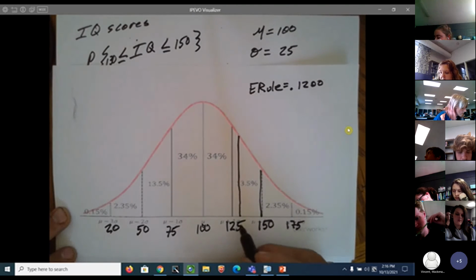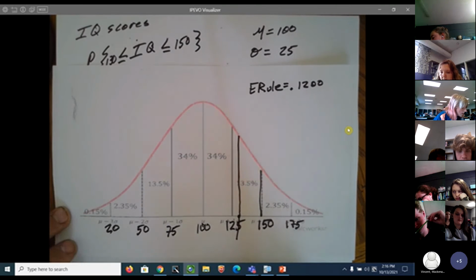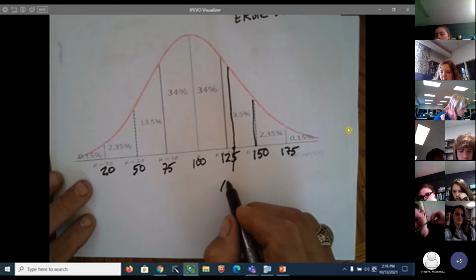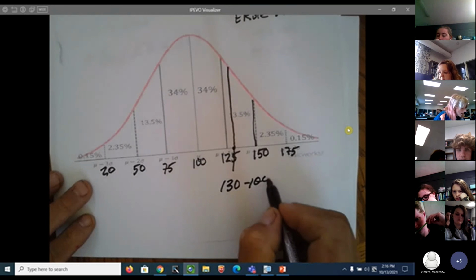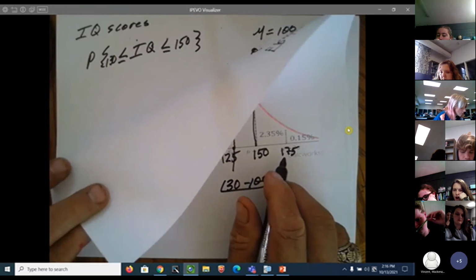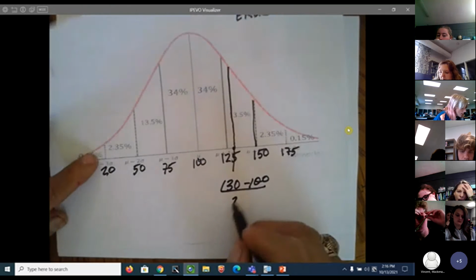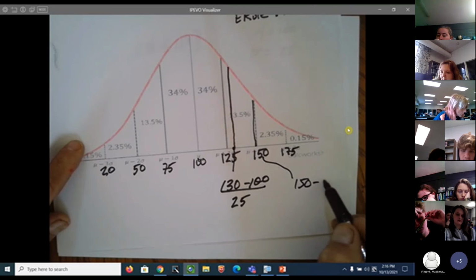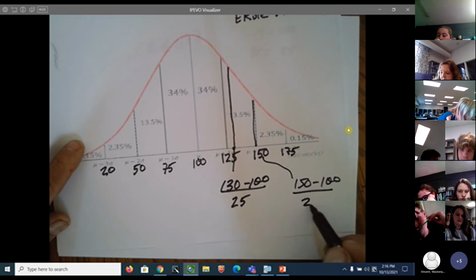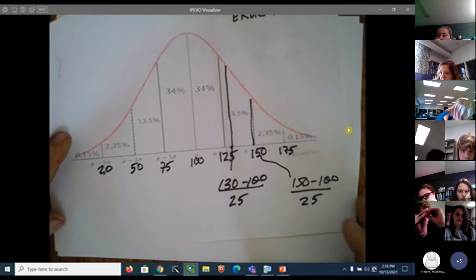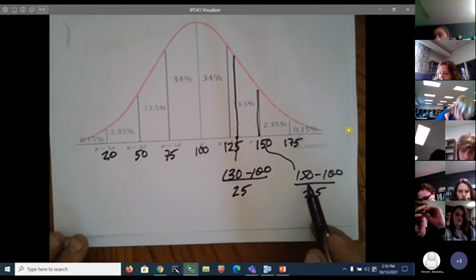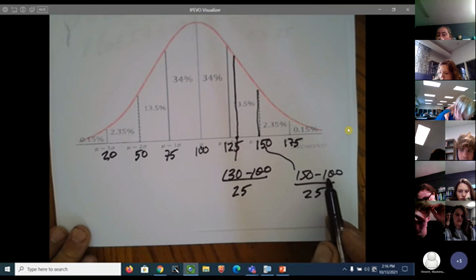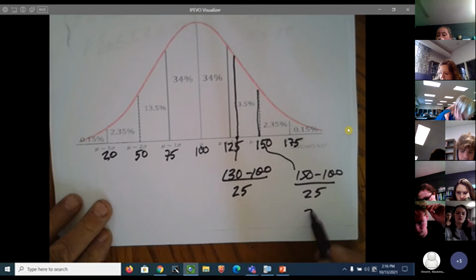So let's see, this is 120, we said 130, so that's going to be 130 minus 100 divided by 25. And this is going to be 150 minus 100 divided by 25. 150 minus 100 is 50, divided by 25 is 2.